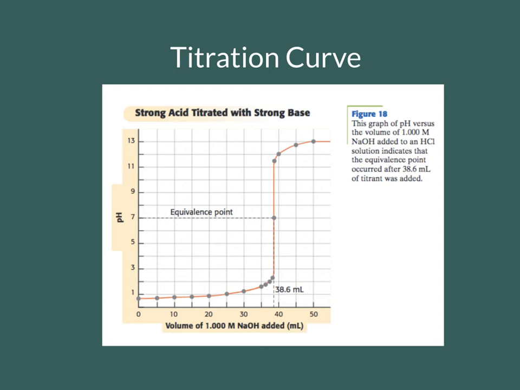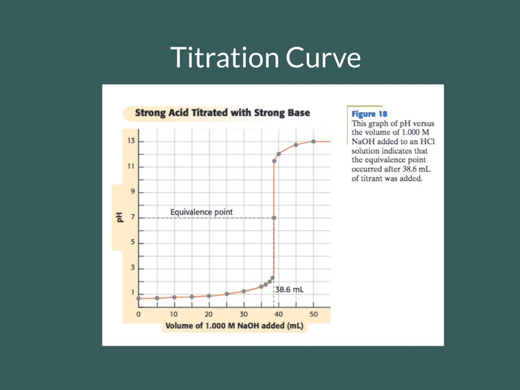For example, this graph shows us the pH change as NaOH was added to HCl. And since HCl is an acid, we would expect our pH to start off very low. And then as NaOH, a base, was added, we would expect our pH to rise. And again, also as expected, it rises slowly until we reach that equivalence point, and then we see a very steep and dramatic change right here, where we've reached our equivalence point volume.